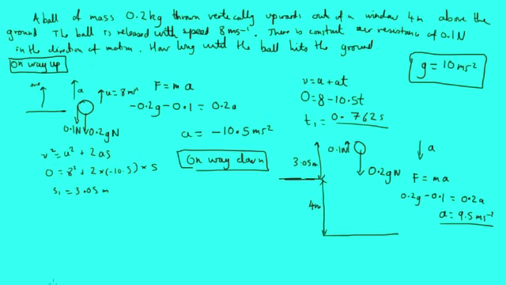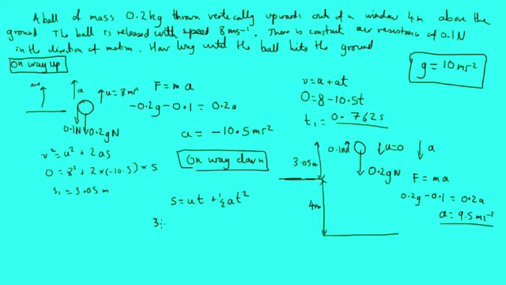Okay, so now we need time. So we're going to use s equals ut plus a half at squared. Now, at the top here, u equals 0. Now the distance is going to be this distance, add this distance.